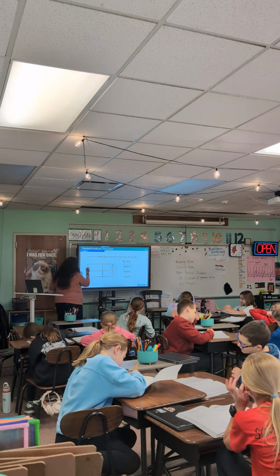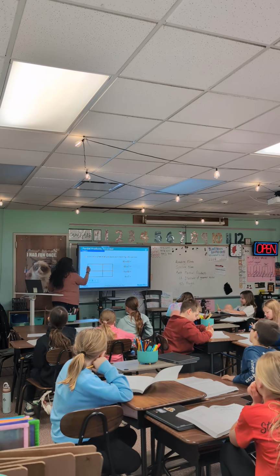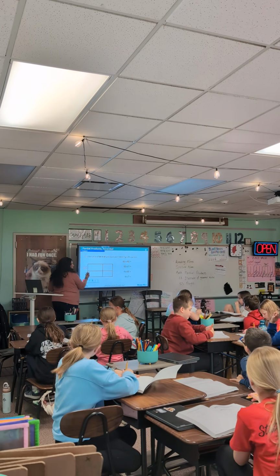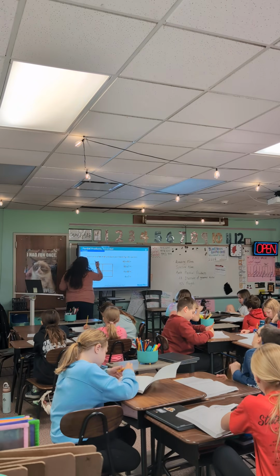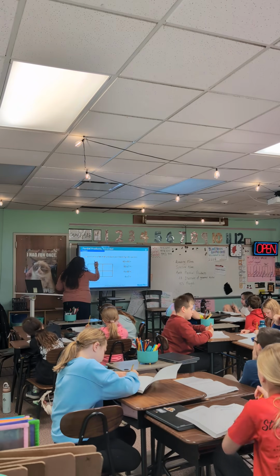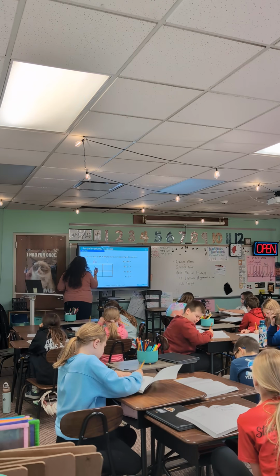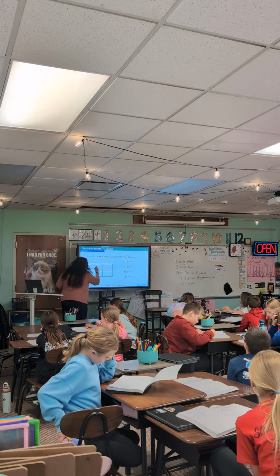So what number would I put here? You guys can just shout it out for me. 60. So we're gonna decompose 64. So then what would I put here? 4. Let's decompose 87. What would I put here? And then that would leave this in our ones.